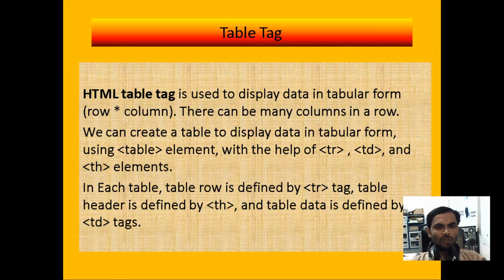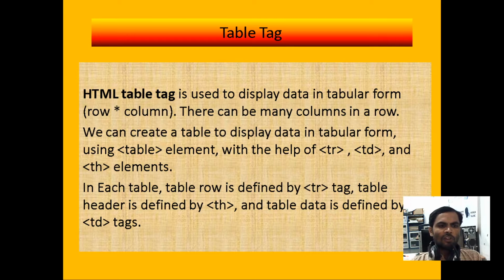Now, if you want to design a table, the table tag in HTML is used to display data in tabular form. A table consists of rows and columns, and there can be many columns in a row. We create the table using the table tag or table element.